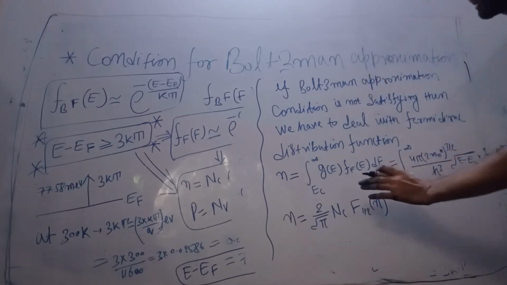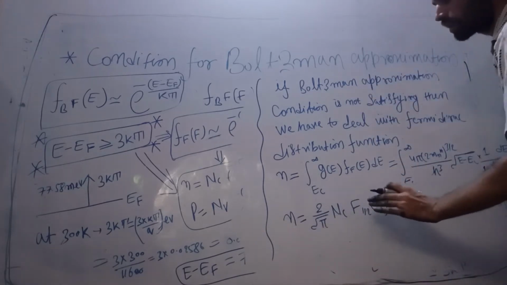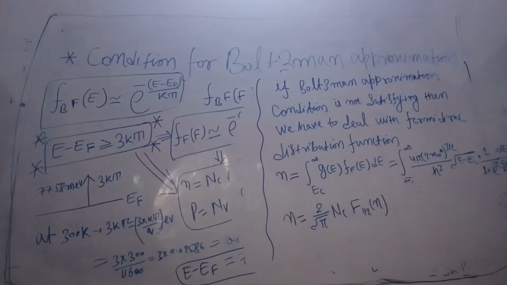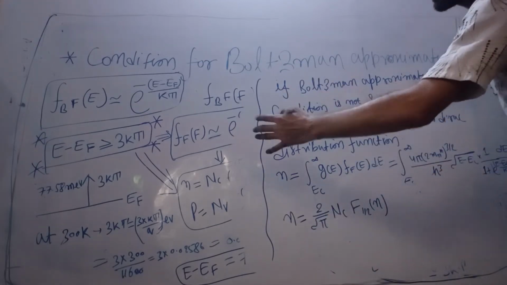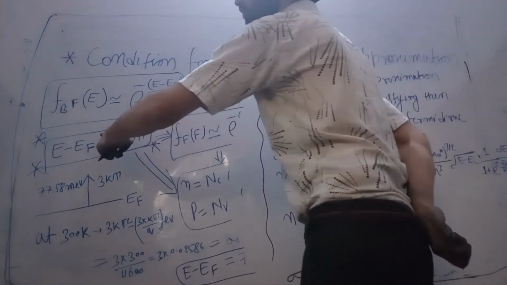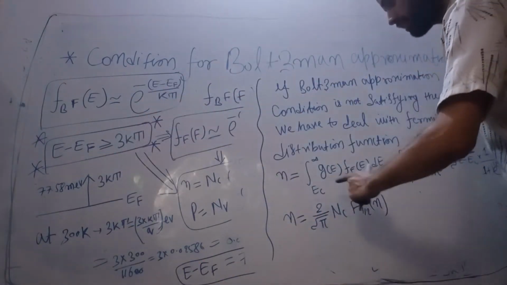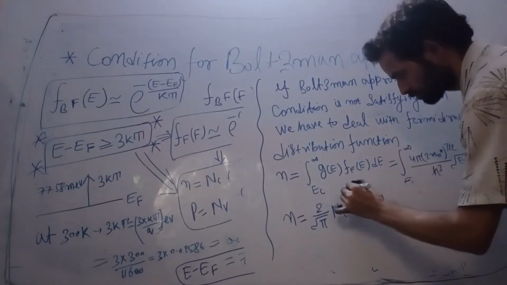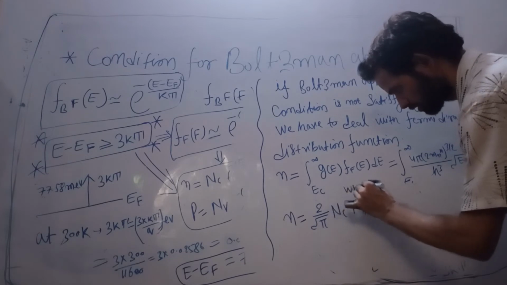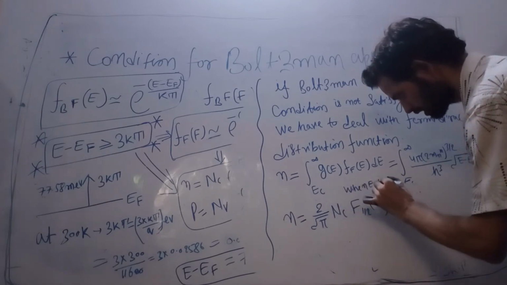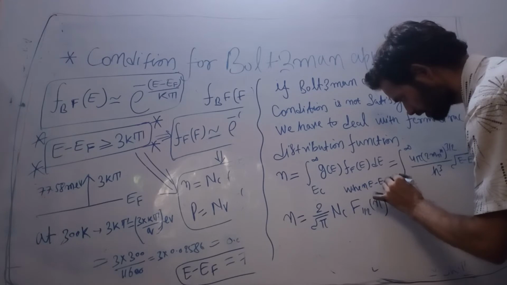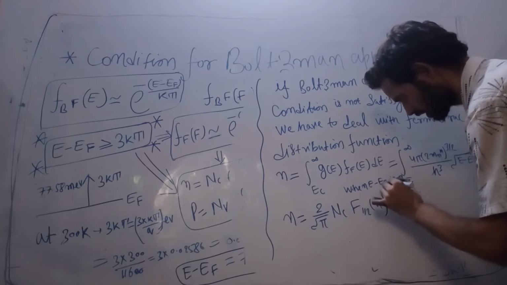So this is the way of calculation of the charge carrier concentration when E minus EF is less than 3 kT.